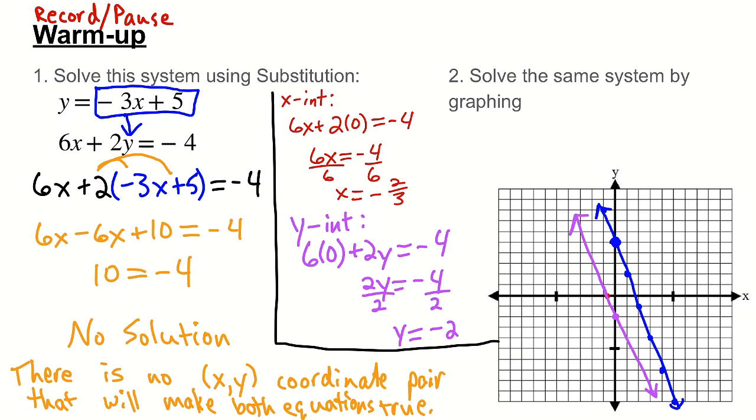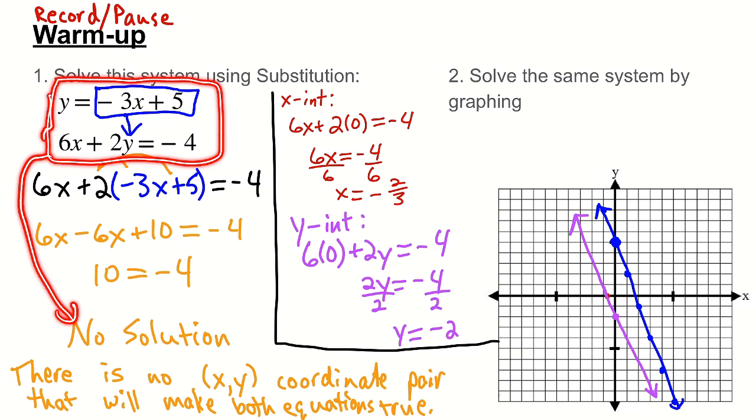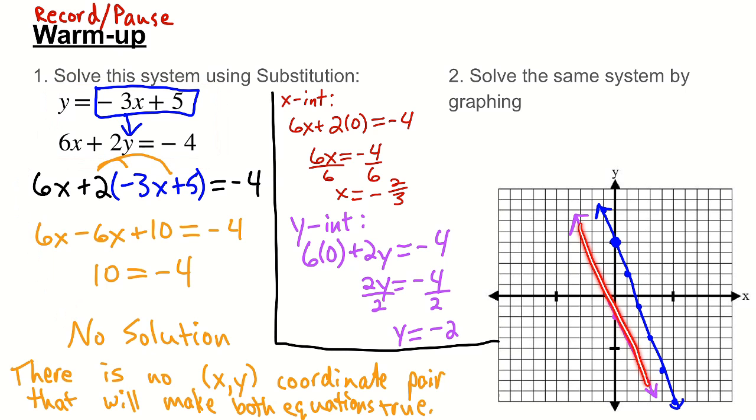Yes, beautiful. Because when we did the algebraic solving and we got no solution, it makes sense that we have parallel lines, because if they crossed, there would be a solution. So good. Anybody have questions on this warm up?